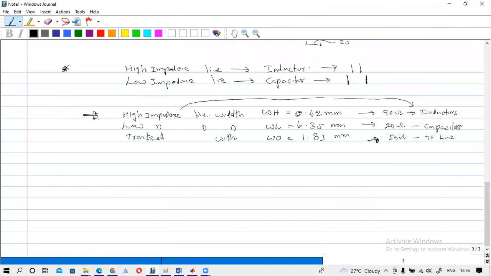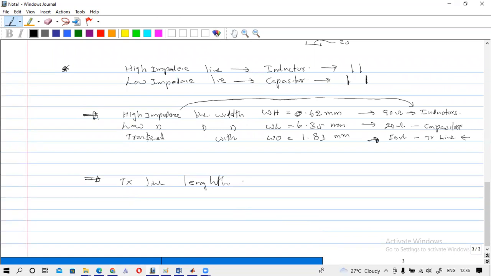We have already calculated the transmission line width related to different impedance values. Now we are going to calculate the transmission line length. For W naught, we do not need to calculate the TX line section, because this line is only used to feed the signal.